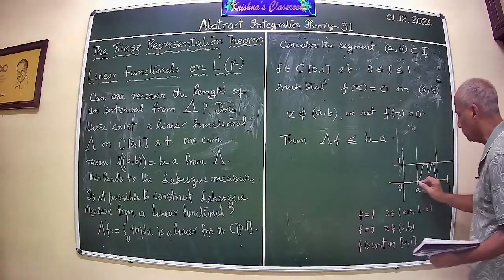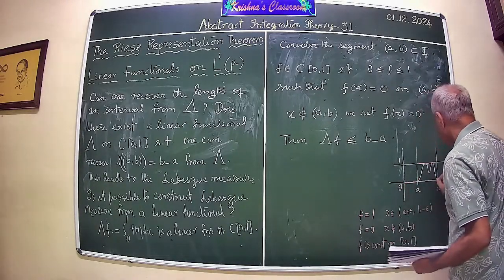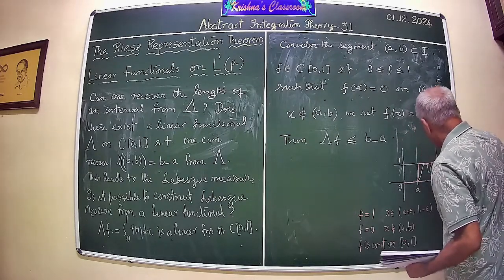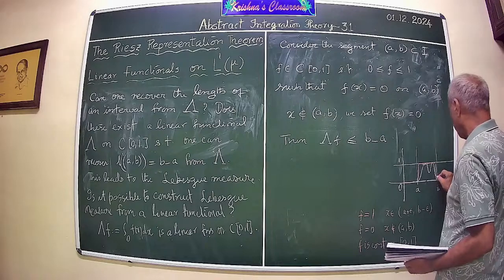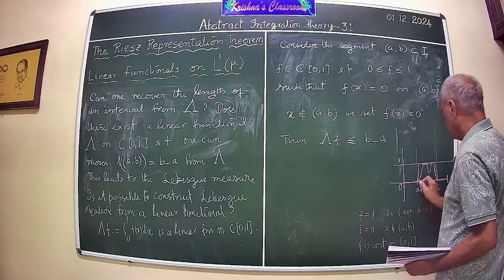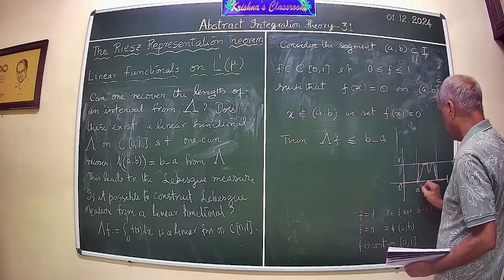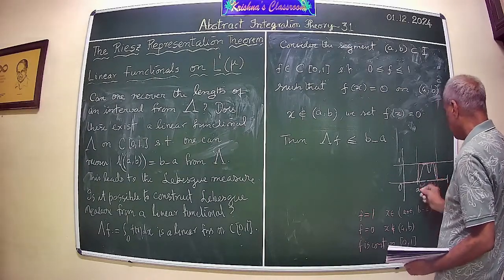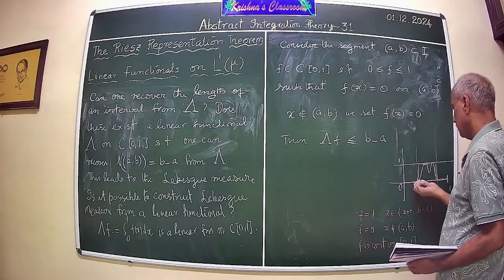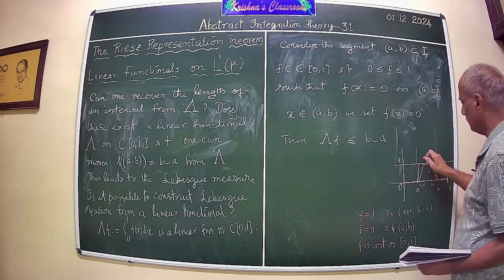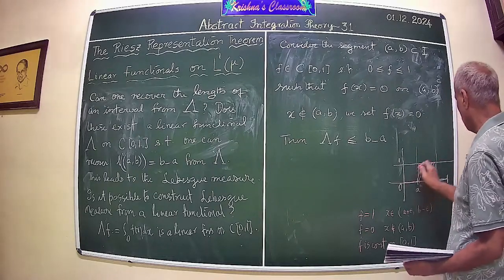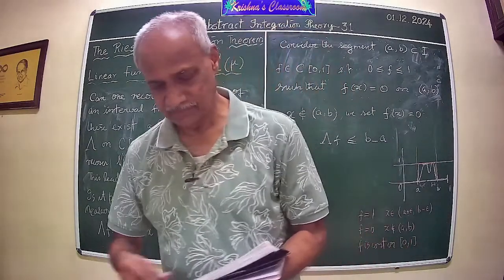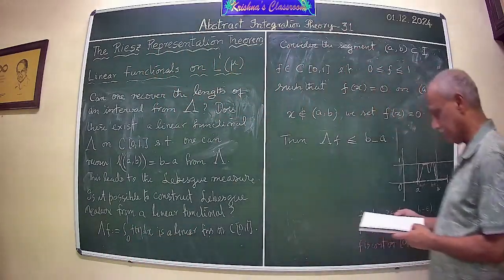So what do you have to do? You have to have 0 here, 0 here, and then patched up like this, which is possible. There is a positive length available here, from a to a plus epsilon and b to b minus epsilon. In between, you can patch it up with a continuous function so that the whole function on the interval becomes continuous. That is possible. That's a small exercise in analysis.